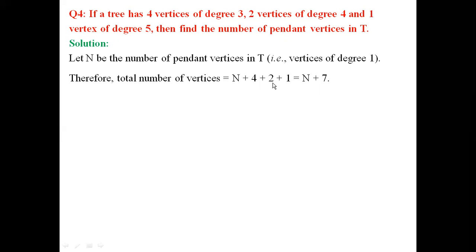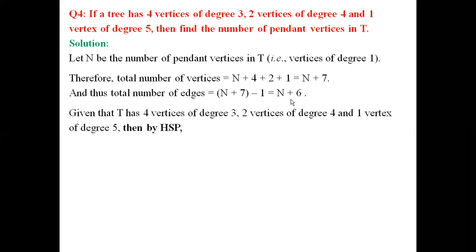And there is 1 vertex of degree 5, so 1 here. So the total number of vertices is the sum of all these, which is n plus 7. So the total number of edges will be the total number of vertices minus 1. So n plus 7 minus 1 gives us n plus 6.